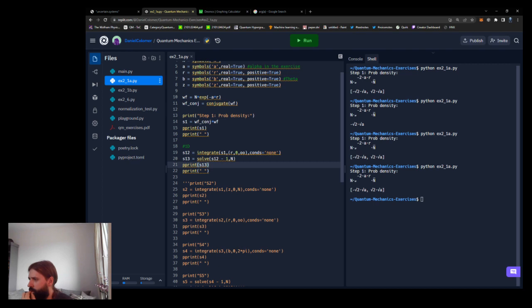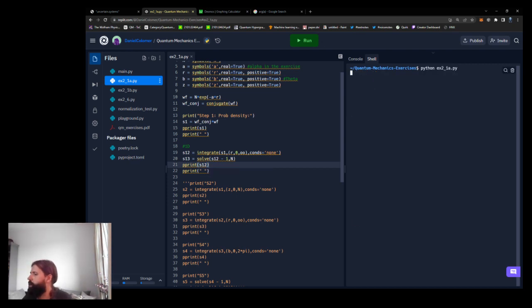Now the question is, why am I getting 2 values? What if I just print S12? What S12 looks like? No, yeah, S12 looks like that.